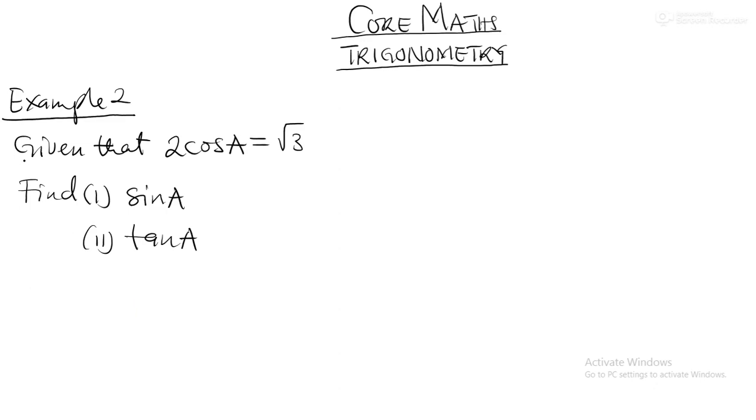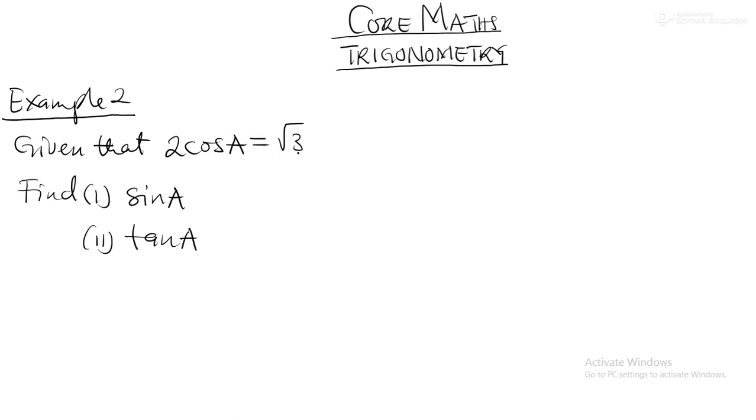Good. So the question says, given that 2 cos A equals root 3, find (i) sin A, (ii) tan A. So we've been given 2 cos A to be what? Root 3. And then we have to find sin A and then tan A. Good. So as usual, you use the information given to draw a right angle triangle so that you find the third side.